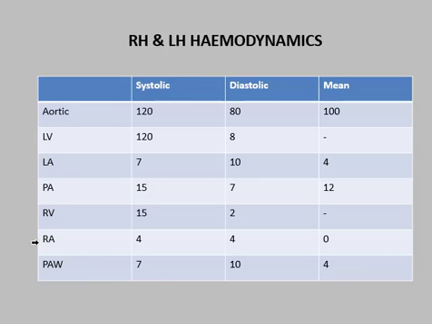The right heart values are pulmonary artery, right ventricle, right atrium, and pulmonary artery wedge. You know your aortic pressure is normally 120 on 80, mean of 100. You know the left ventricular systolic value has to be the same in a normal person. So LV is 120, and the normal diastolic value for the EDP is 8. The left atrium, normal values are 7 for the A wave, 10 for the V wave, and 4 for the mean.